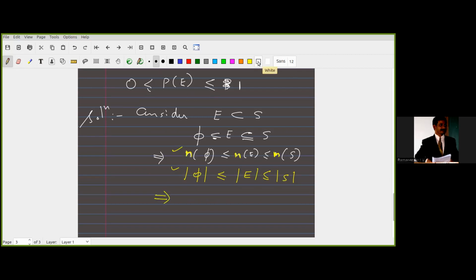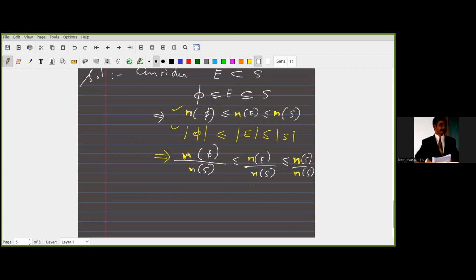So now this implies, I'll continue the n notation. n of the empty set divided by n of S is less than or equal to n of E divided by n of S, less than or equal to n of S divided by n of S. Again, I'll use the convention that the yellow n is for the number of elements. I just use this because in the last problem it was confusing which n is what.